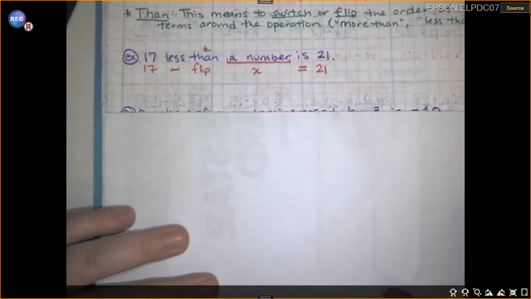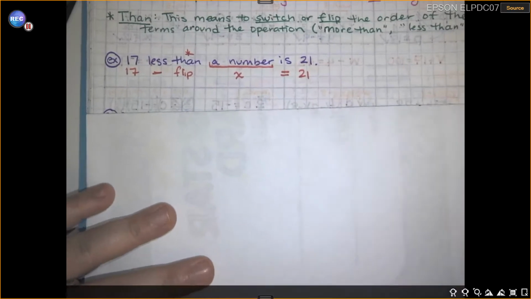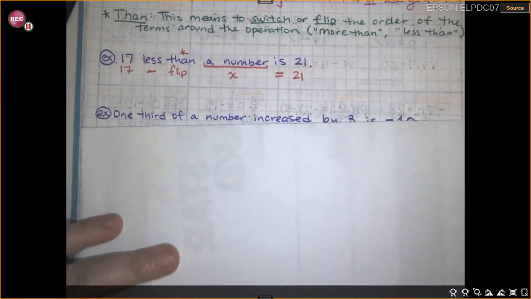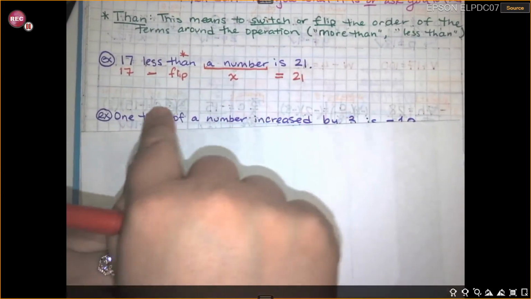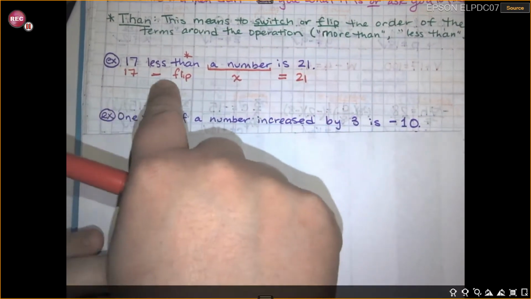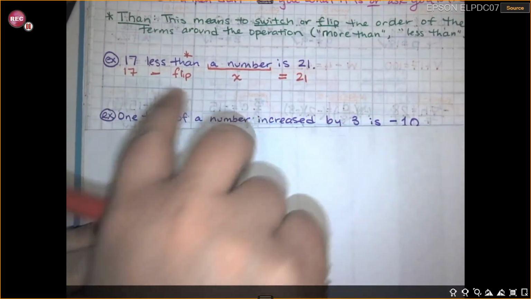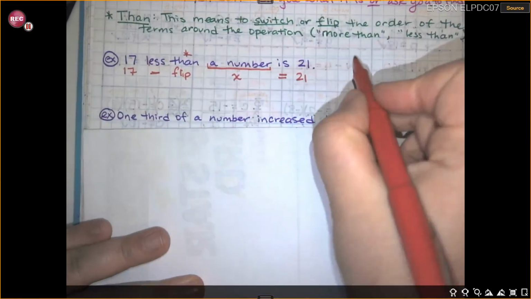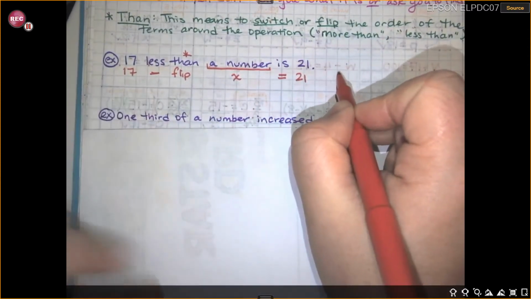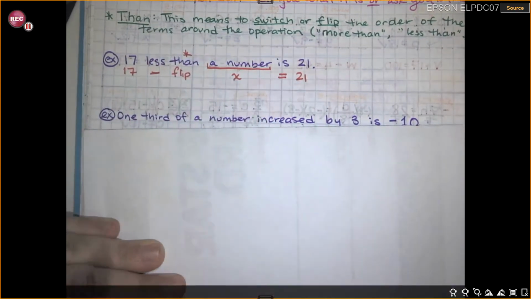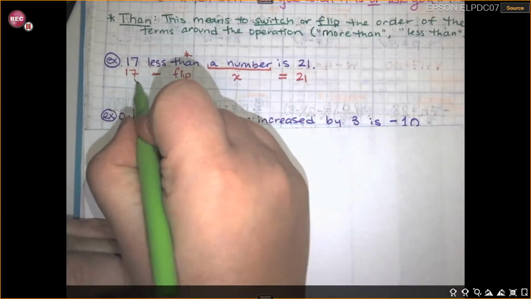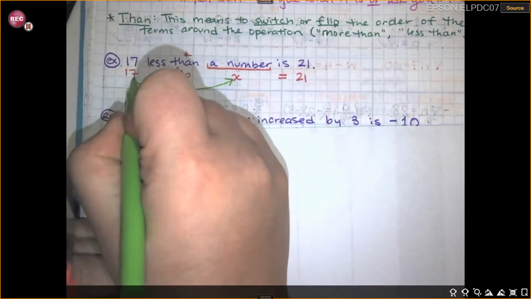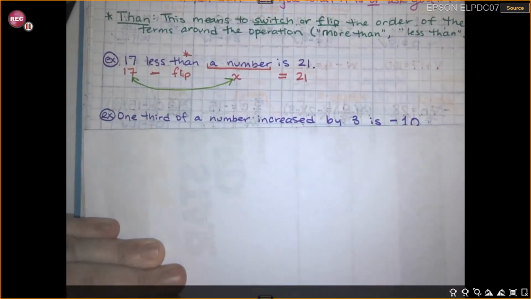So I haven't written the official equation yet, but I've essentially diagrammed it out. So instead of writing 17 minus x, this flip means to take these two terms and flip them. Here I'll use a different color. Instead of 17 minus x, we're going to flip their order.